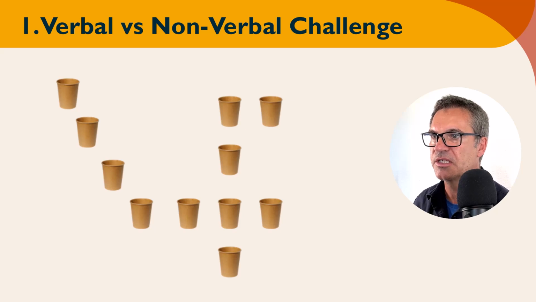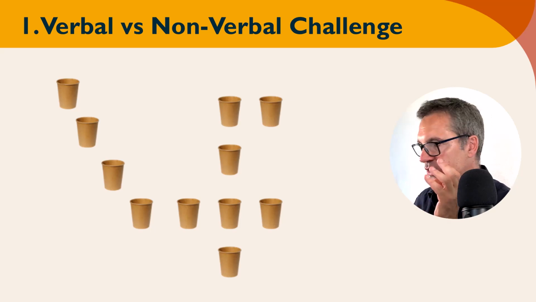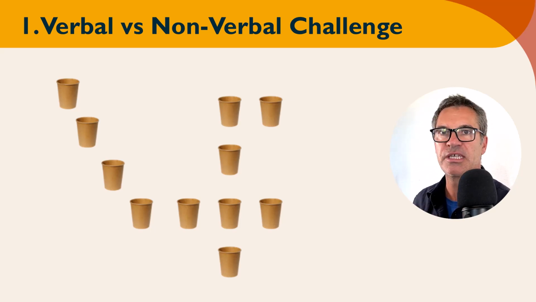So you see these cups, this cup design on screen. The people behind the curtain are going to explain to the people doing the activity how to create this layout of cups, for example. But they cannot see each other, and they have to use words. The people giving the verbal instructions cannot see the progress of the people doing the layout of the cups.